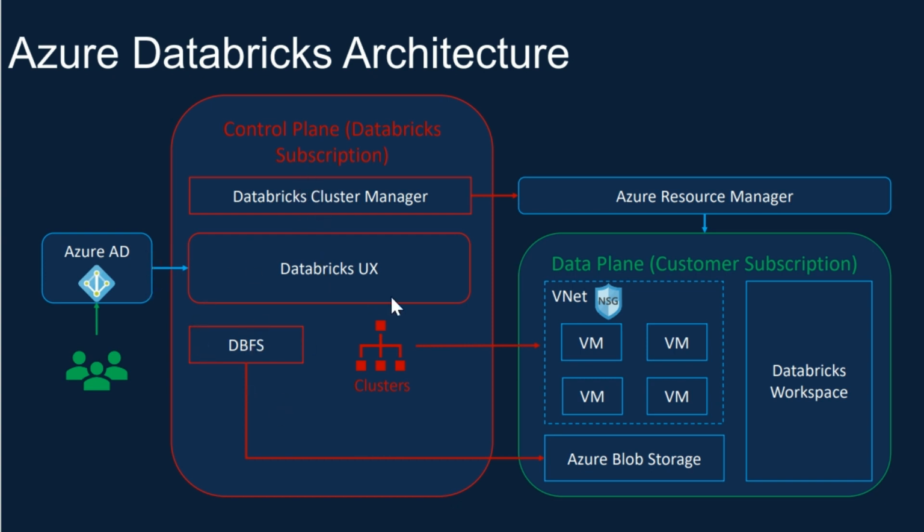Temporary outputs, such as running a display command, or data for managed tables, are stored in the Azure Blob Storage. Whatever temporary output is sent from the DBFS is stored and displayed from the Azure Blob Storage.